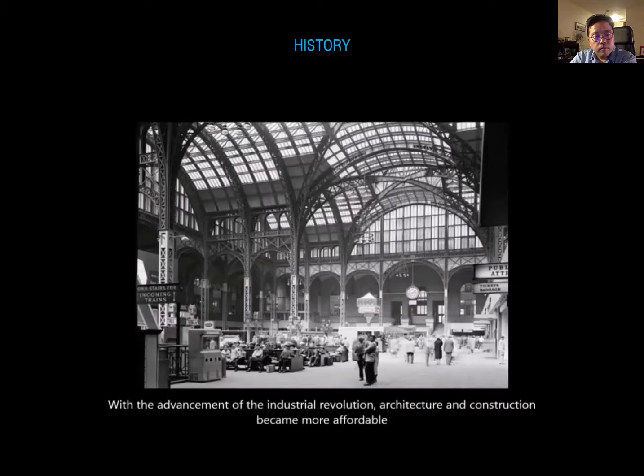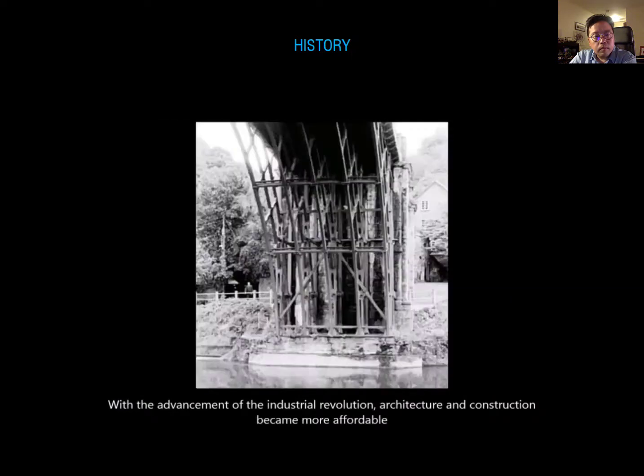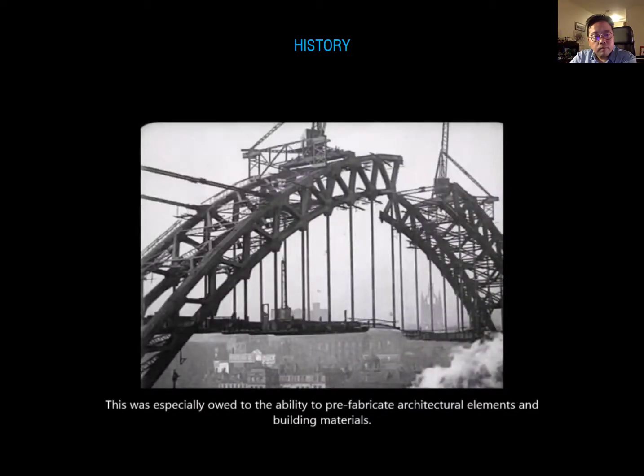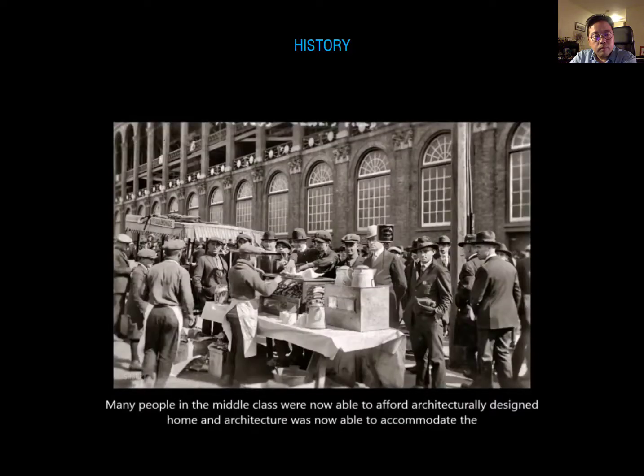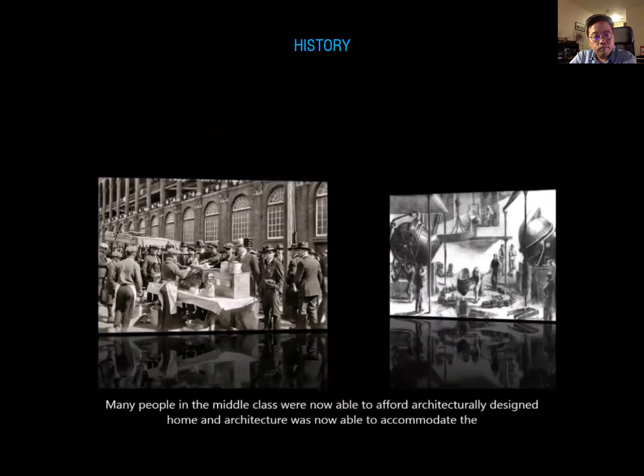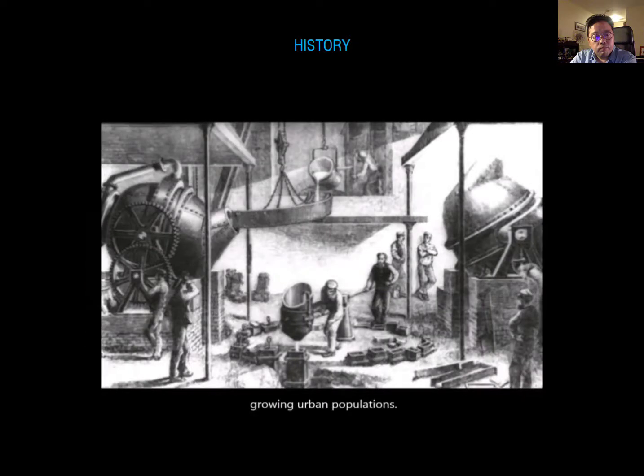With the advancements of the Industrial Revolution, architecture and construction became more affordable. This was especially owed to the ability to prefabricate architectural elements and building materials. Many people in the middle class were now able to afford architecturally designed homes, and architecture was now able to accommodate the growing urban populations.